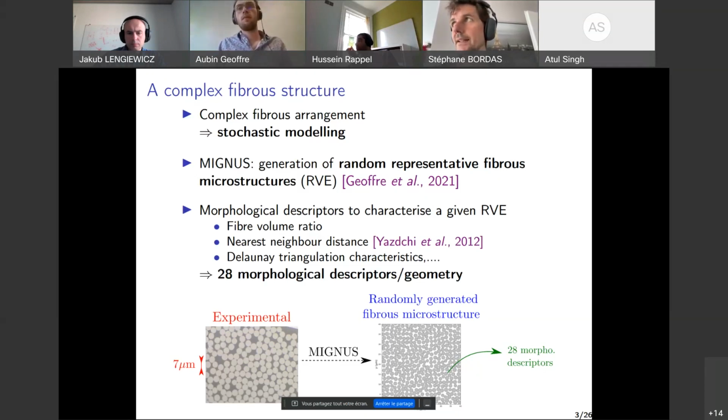I see. Thanks. Beyond the fact that there are 28, or 50, or 100,000, I'm thinking about what would be the procedure to define the minimum set of parameters for a given microstructure.